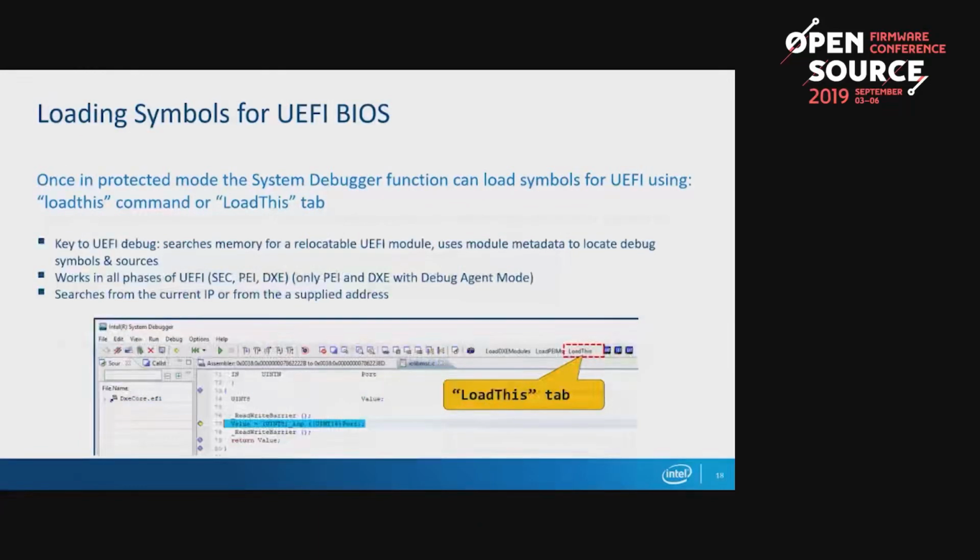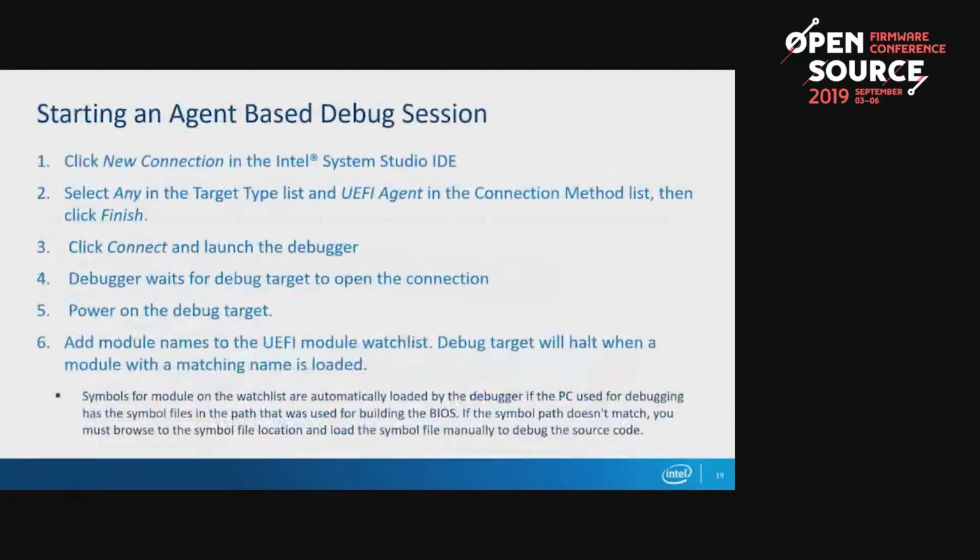And it'll, again, work on all the phases for UEFI: SEC, PEI, DXE. And you can set which modules you're interested in, and it'll halt on entry for each one of these modules.